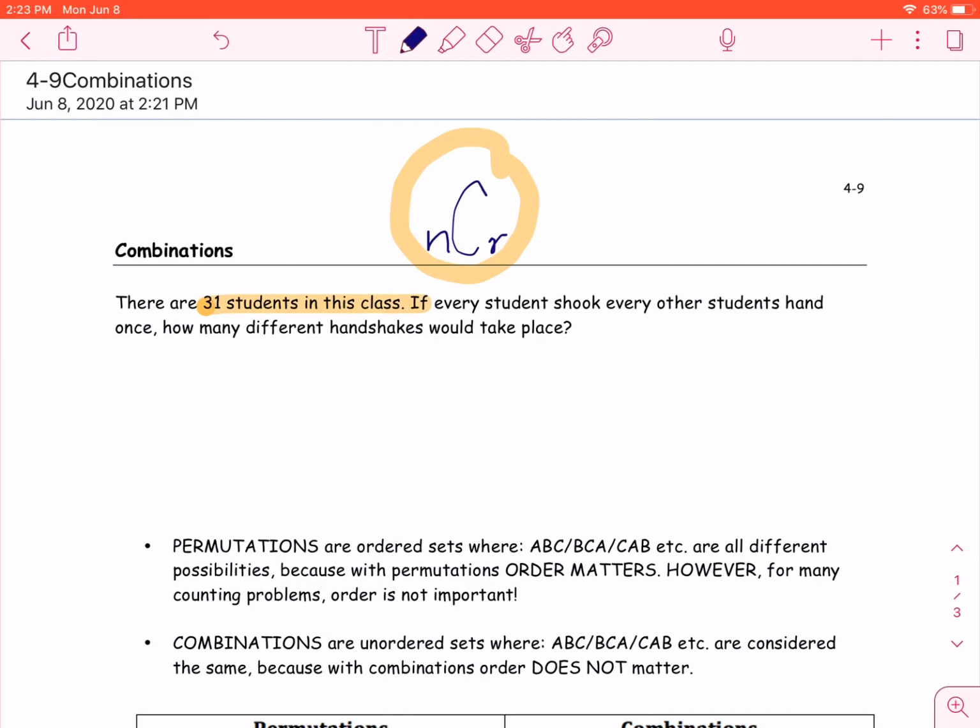Because we wouldn't be handshaking twice with the same person. For instance, if I'm handshaking with Emmanuel, and then Emmanuel handshakes back with me, we have two arrangements within our pair that include the same people.